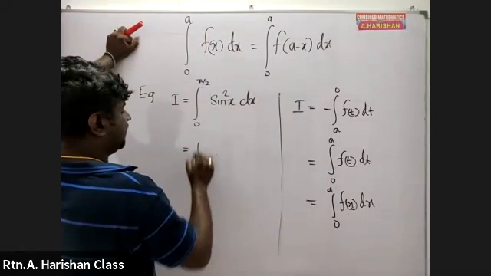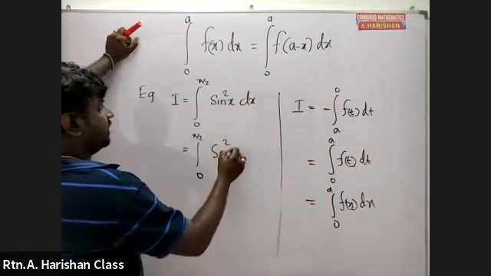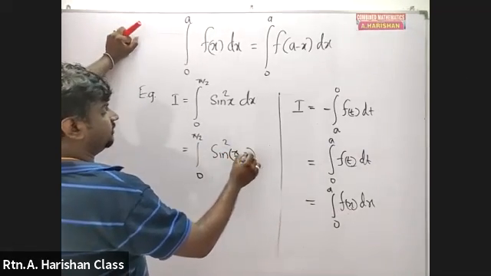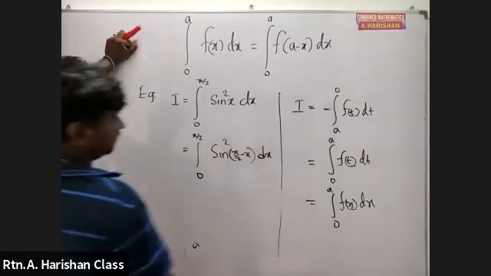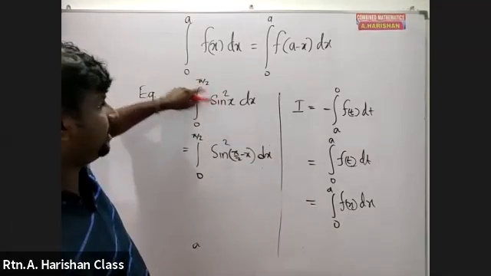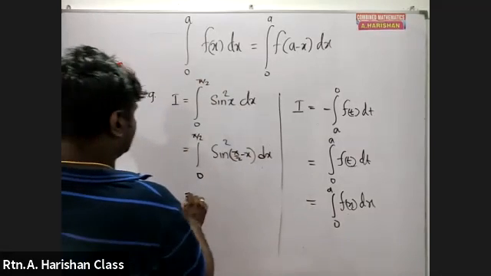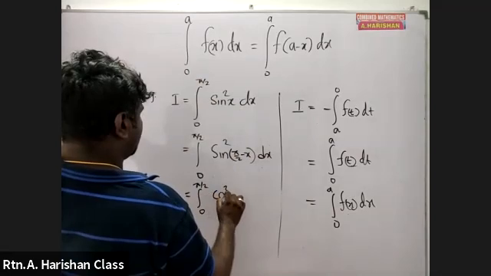So now this can be written as sine squared, no problem. Instead of x, you have to put pi by 2 minus x, into dx. That's it. Instead of x, you have to put pi by 2 minus x. This minus this. Okay, so that is a known one. That is cos squared x dx.